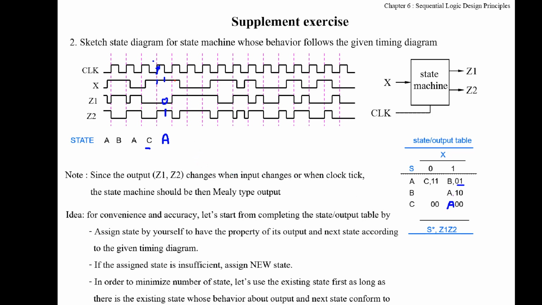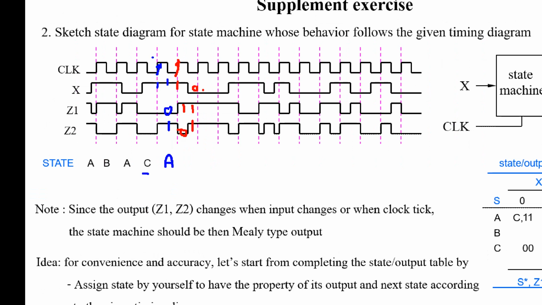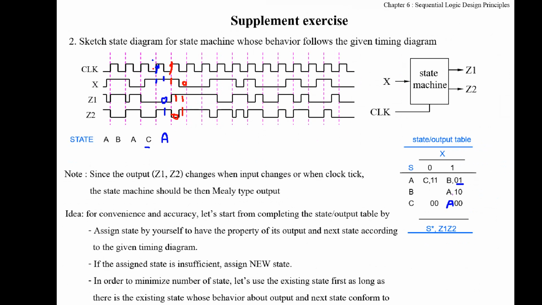Okay, next. When clock tick here and input is 1, go to the state that when x is 1, output is 1, 0. X is 0, output is 1, 1.